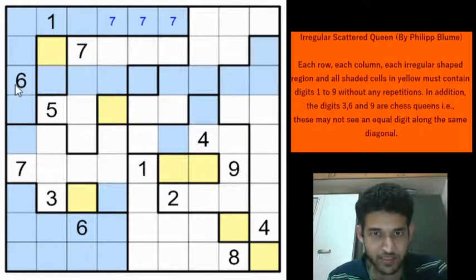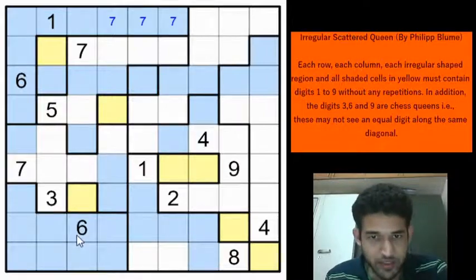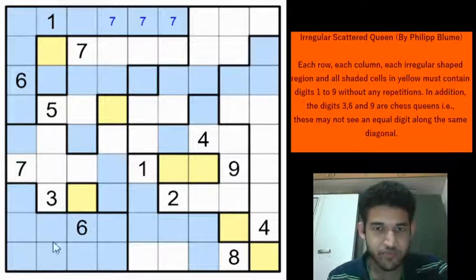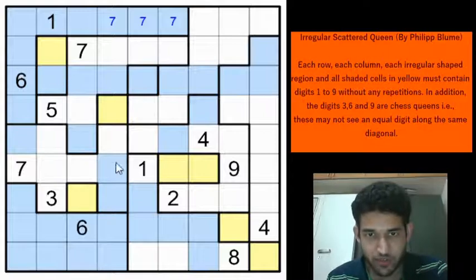And if you consider this 6, it can't be repeating in the diagonal direction, so for this 6, we can highlight these 3 cells as blue. So I think we have highlighted all the cells where a 6 can't possibly go, because either it is in the diagonal direction or it is in the same row, column or region. Have we left out any cells for the 6?